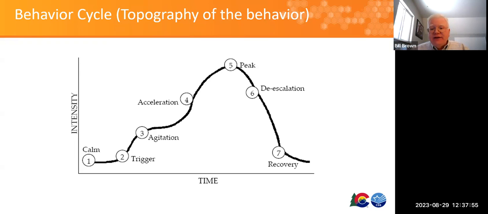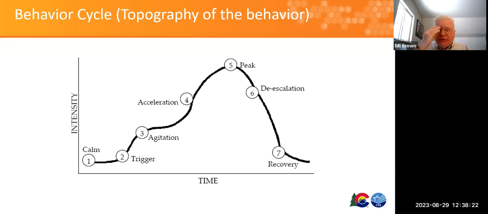And then recovery, that's the step that gets forgotten a lot. Recovery is about how do I put the student back in the classroom, and if the student is embarrassed or feeling bad or guilty about their behavior, how do I get them back in so they're not embarrassed or guilty, and how do I help them rebuild their relationships and reconnect to their teachers and peers?